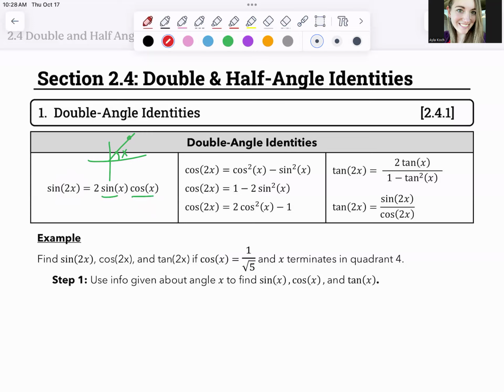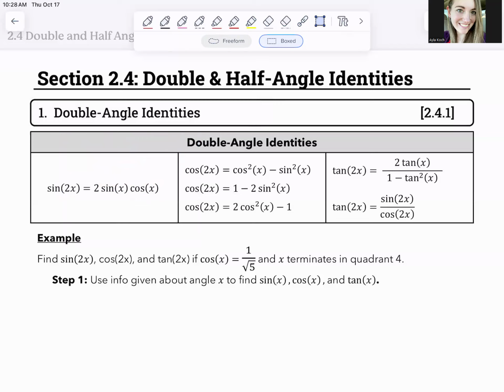But for some mysterious reason, what you're actually interested in is an angle that is exactly twice that original angle, an angle 2x. You want to know the sine value of twice that angle, but all you really know is the sine and cosine values of that original angle. And that's what these identities are good for. Kind of niche, but we can do some fun stuff with them.